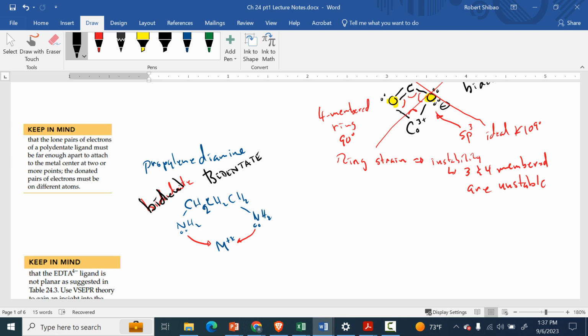Let's go the opposite direction. So we did ethylene diamine. What would methylene diamine be? So let's try methylene diamine. Methylene spelled M-E-T-H-Y-L-E-N-E, and diamine. This is all one word. 1 M or 2 M's here?